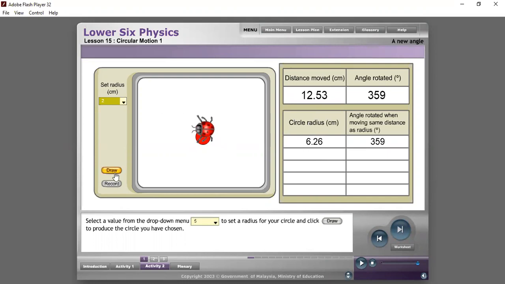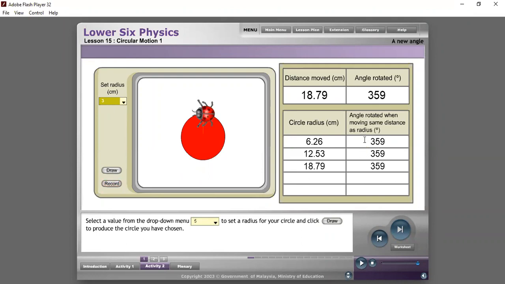Now notice that the distance traveled increases. If 3 cm, again let's draw with 359 degrees, because if 360, it's back to 0 already. So let's say I choose 359.